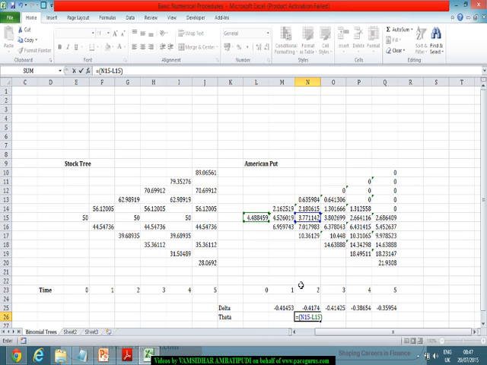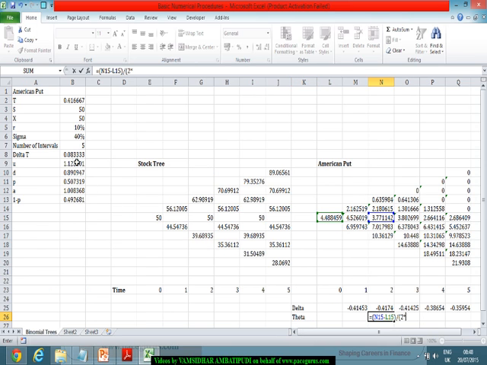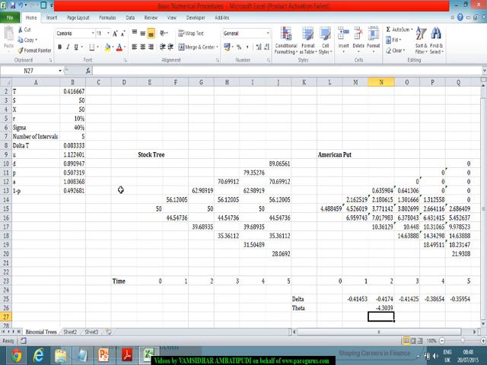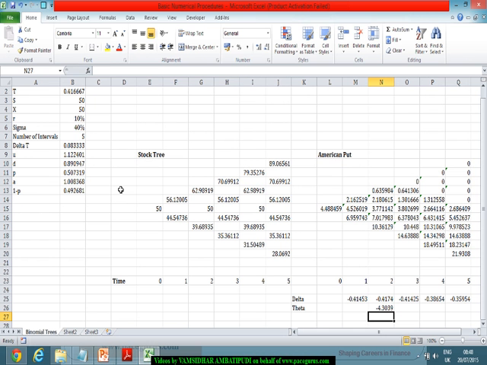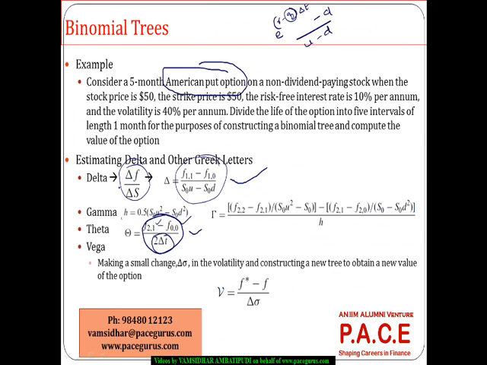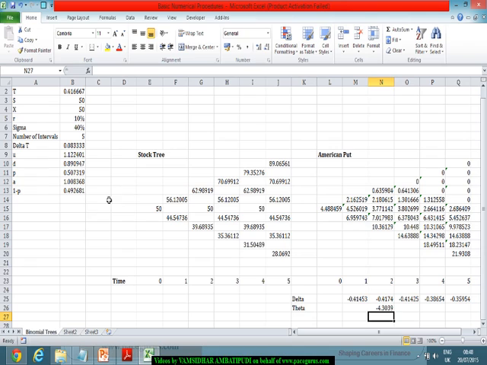I'll take the difference between these two, and divide it by 2 times delta T. Delta T, we have got it, which gives me that the theta is minus 4.3. If I go with the binomial tree mechanism, this is how I compute my theta.